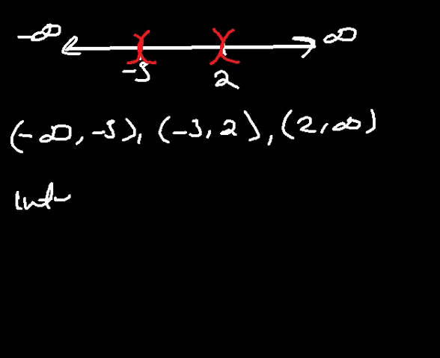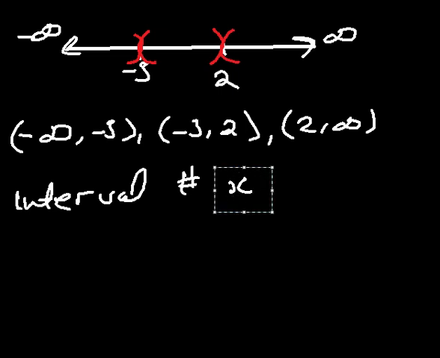We'll have the interval, the testing number, which is the testing value, and here the function that we are having, the one which is equal to 0. Since the function was factorized, we'll present the factorized case.